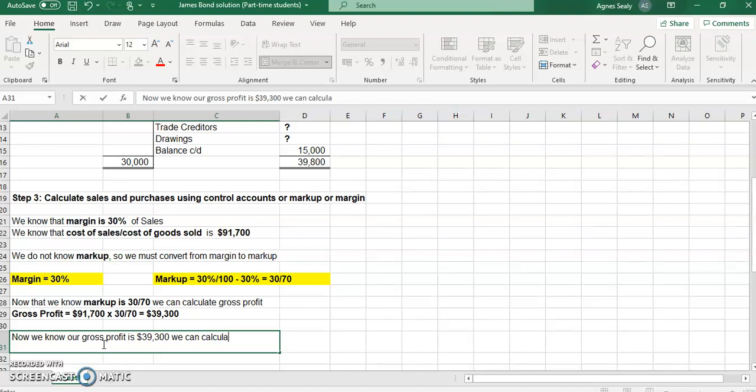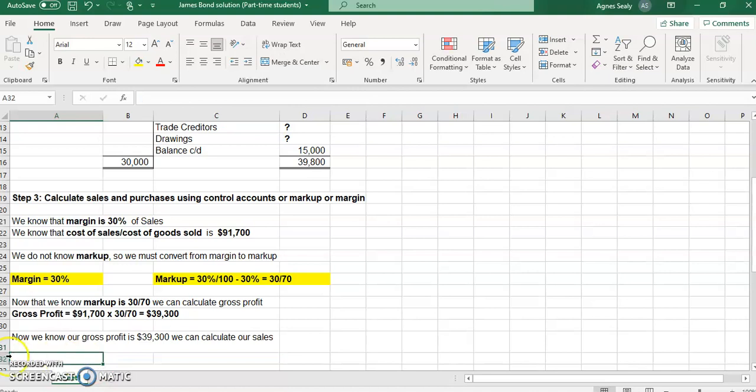If you know the setup of your income statement, from previous accounting concepts that were taught, you will know that gross profit equals sales minus cost of goods sold. So if sales minus cost of goods sold gives me my gross profit, then my sales will be equal to my gross profit plus my cost of goods sold.